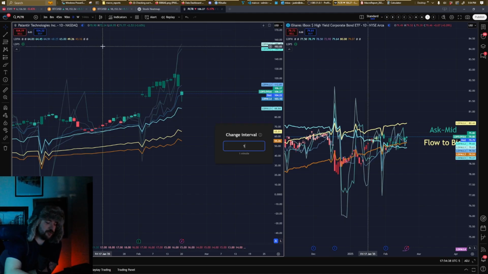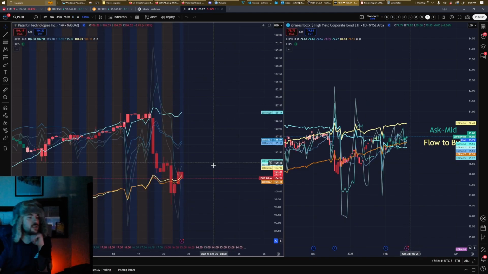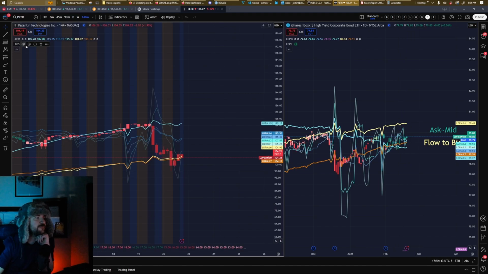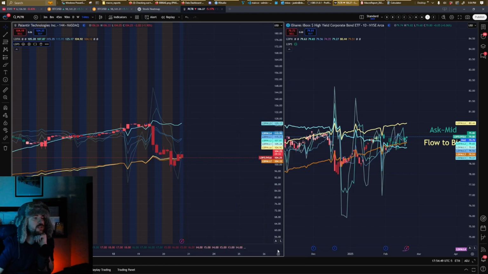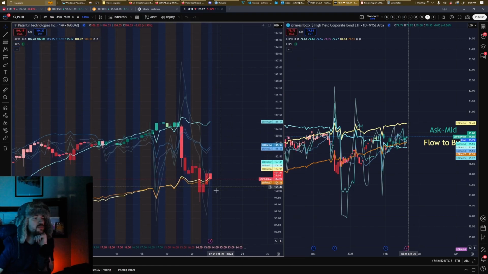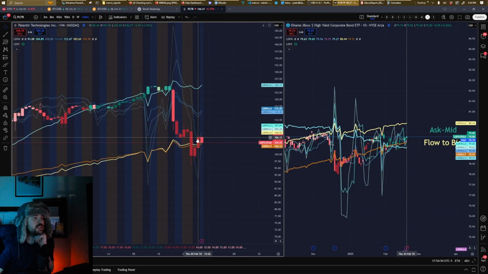So I think the earlier interpretation is still on. I think preferably I would see a little bit of bullish action forming in LDPS to show us that this organic bid is transitioning to an eager bid.